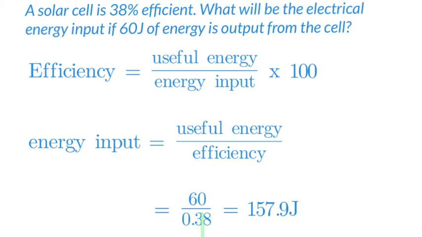So if it's 38%, that corresponds to 0.38. So that's where that number comes from. And if we do the sums, we end up with 157.9 joules, or almost 158 joules of energy we need to supply to produce the 60 joules of energy output. Right, practice those.